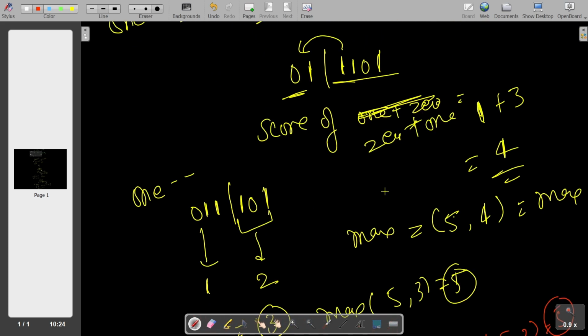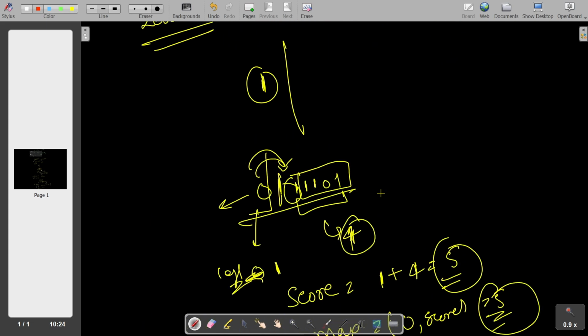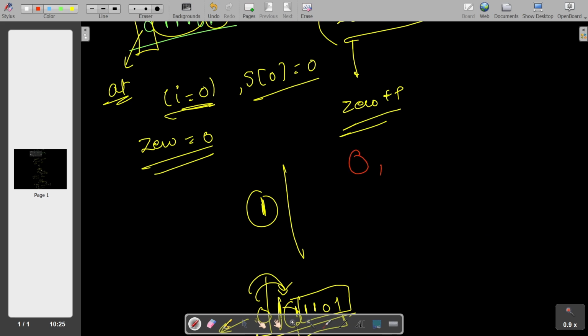Basically, we have to perform all these split operations, and after performing all of them we find the maximum score we can get from the 0 and 1 substrings.